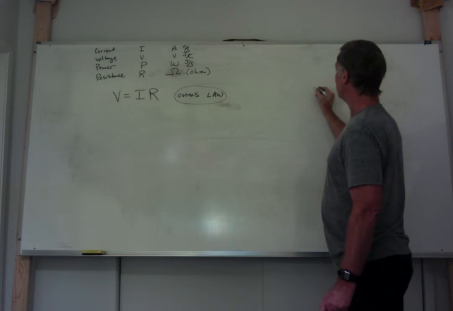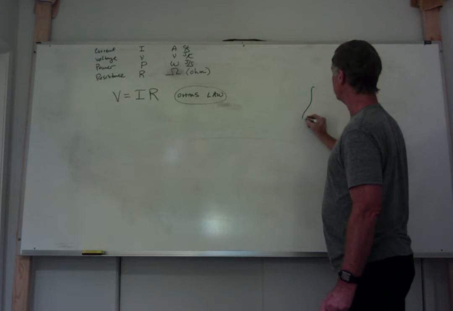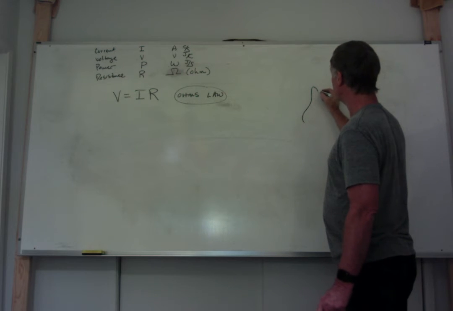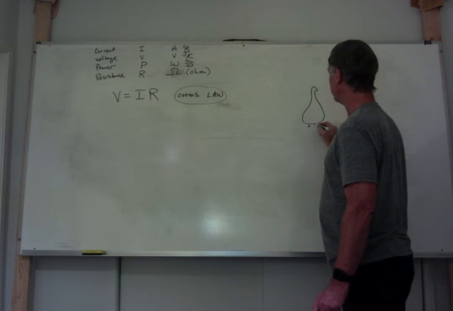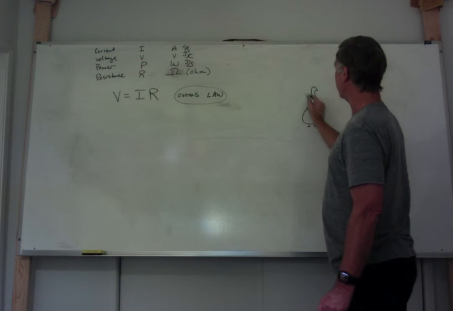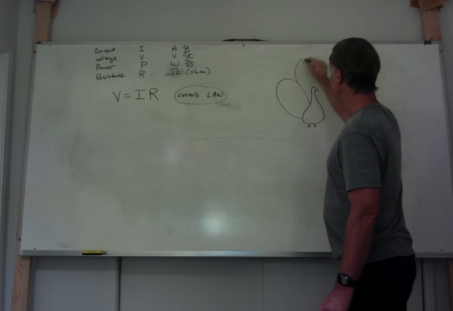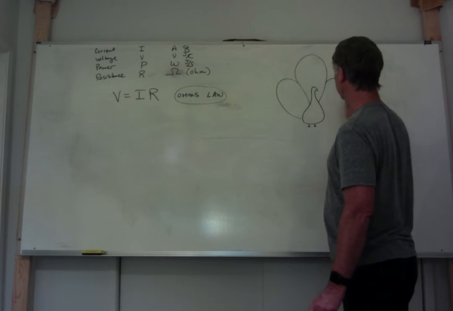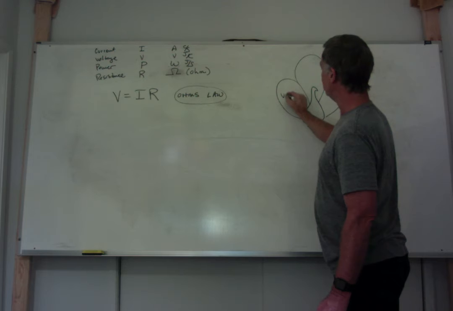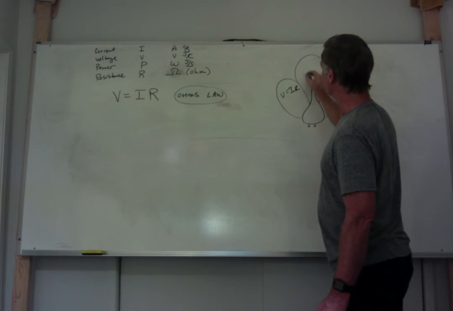And somebody showed me a picture that somebody had drawn. And the picture looked like this. It was a stylized peacock. And it had three big feathers. Actually, it looks more like a turkey the way I'm drawing it. And it had here V equals IR.